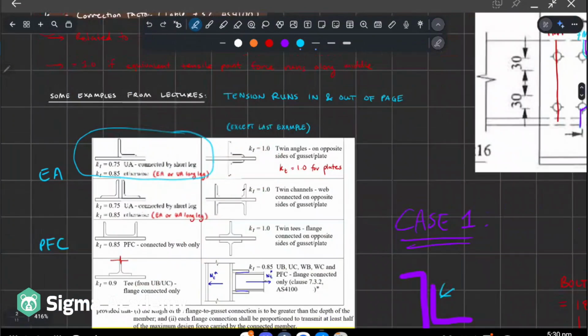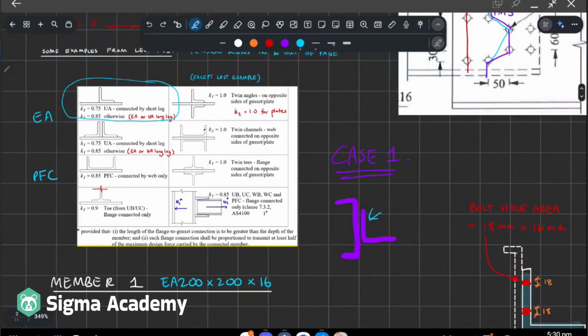So what does that mean? So remember that an equal angle, which is what we have, right? That's an EA. Just means that both the legs, that's one leg, that's another leg, are the same length, okay? But sometimes you might want to use an unequal angle, okay? So now this is an unequal angle, where one of the legs is longer, right?